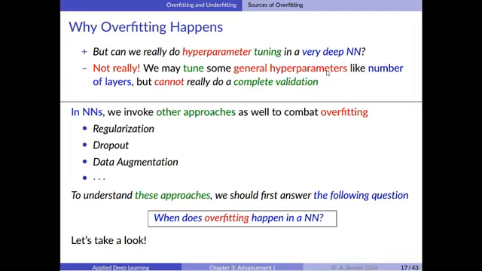So we have some better points on how we can do this tuning of hyperparameters, like regularization, dropout, data augmentation, that we will discuss in this part. I think almost all of them would be in the next part of the video.